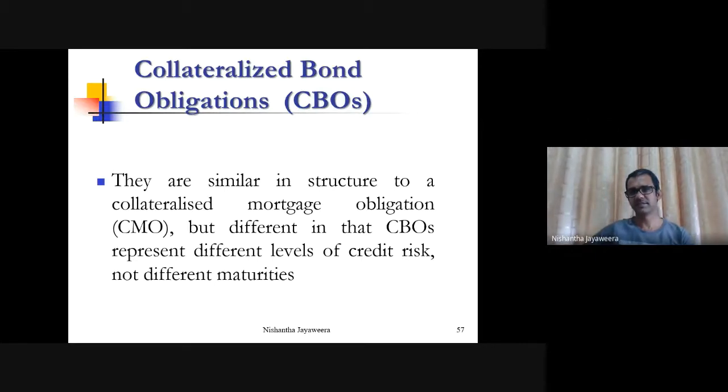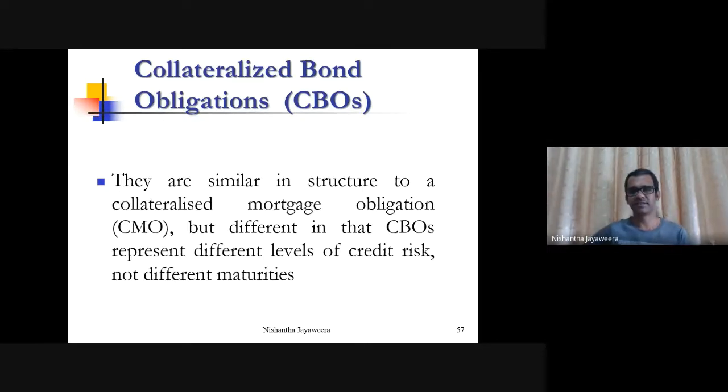That's the main reason. And while creating that equity tranche, while you are passing the losses to the equity tranche, you can give some advantage to the senior tranche to improve the credit quality.